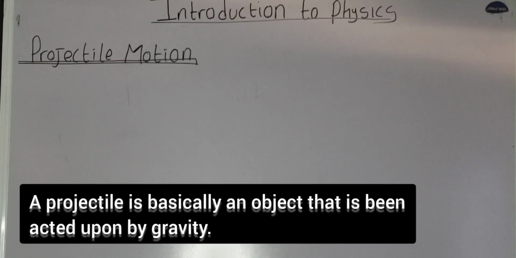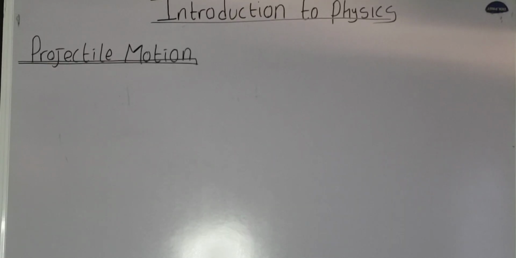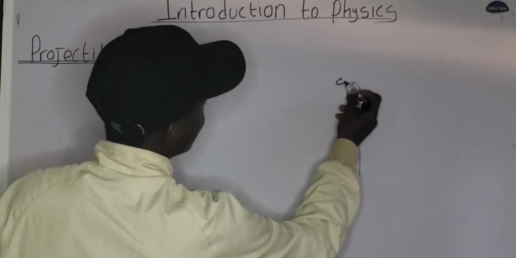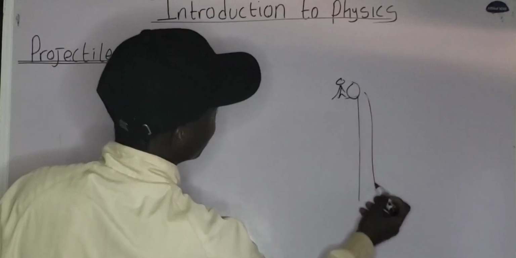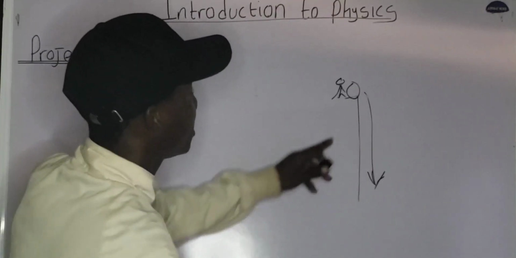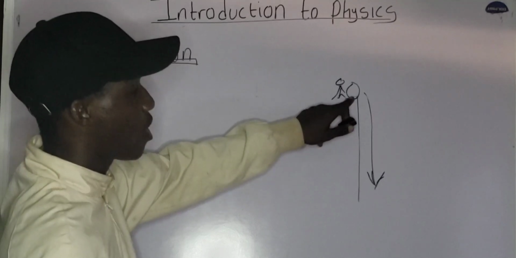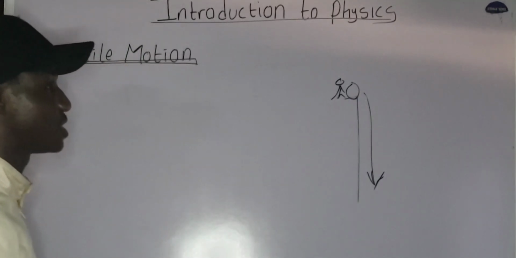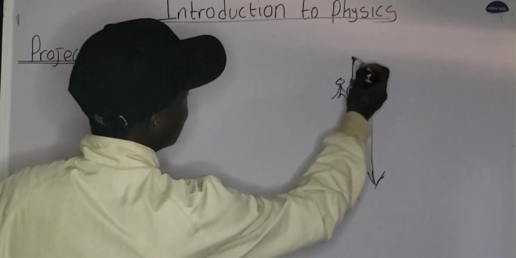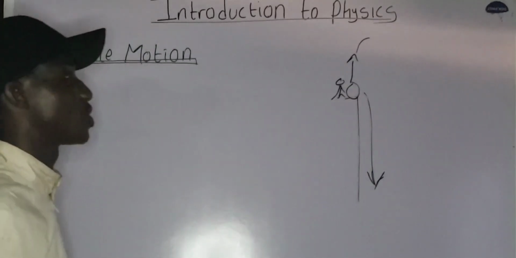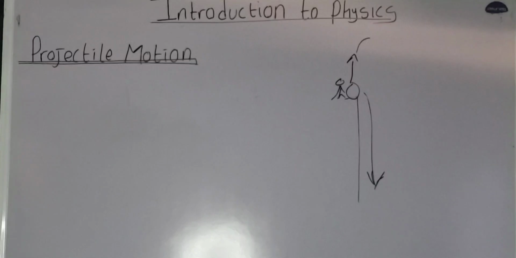In the last two examples, when a boy holds the ball and throws it down, that is a typical example of projectile motion. And in the other example, as the ball was thrown up, it acts under the influence of gravity. It is the gravitational force that enables the ball to come down. So that is what projectile motion is all about.